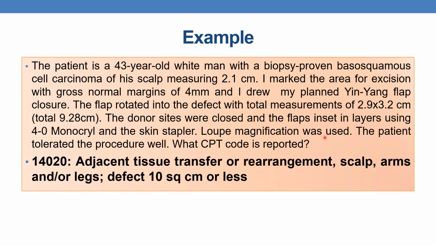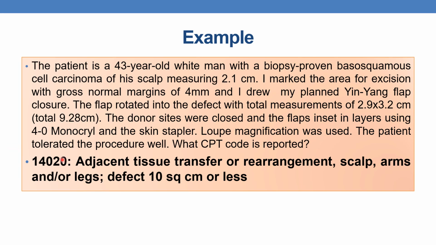Loupe magnification was used. The patient tolerated the procedure well. What CPT code is to be reported here? Here the defect is 9.28 square centimeters and the area is scalp.